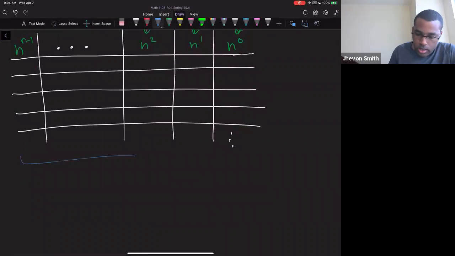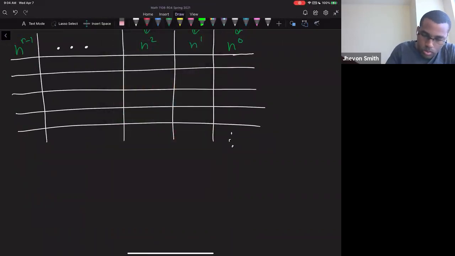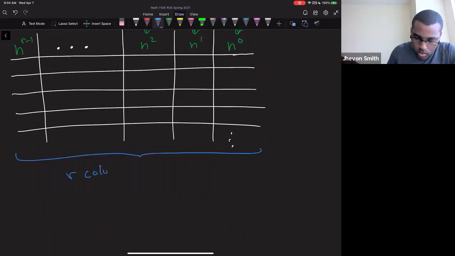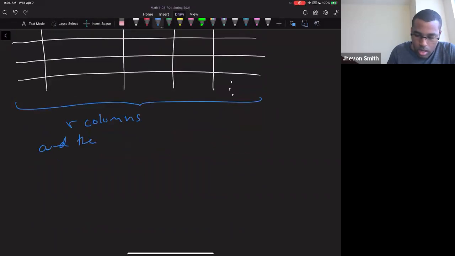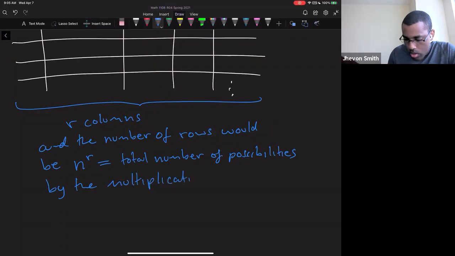There will be, in this case, r columns, and the number of rows would be n to the r, which is equal to the total number of possibilities, by the multiplication rule. So that's in theory how you could construct this table.